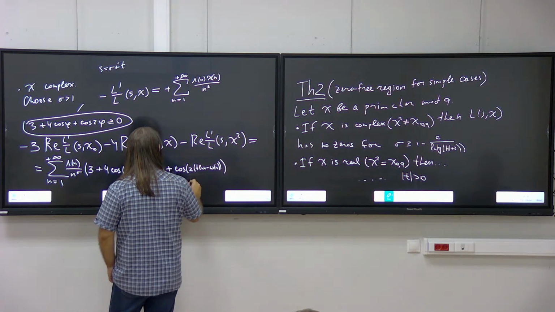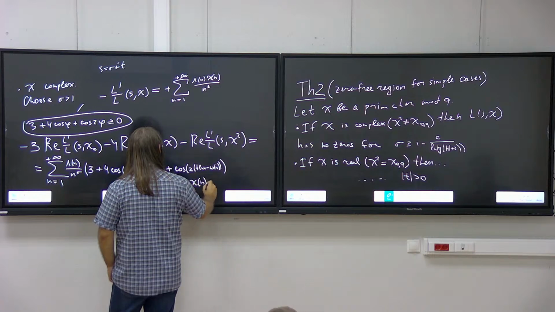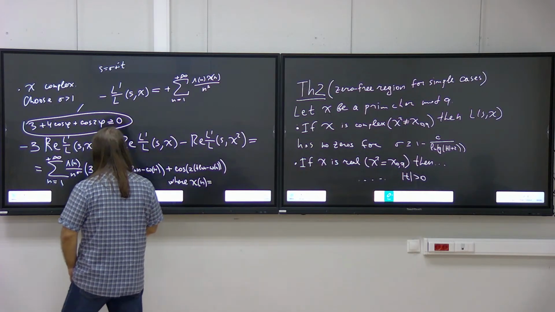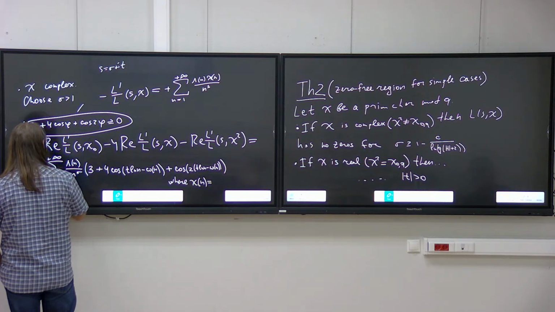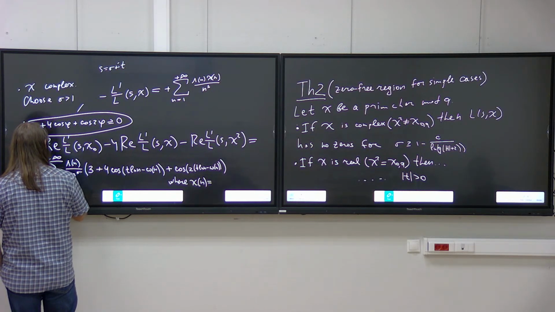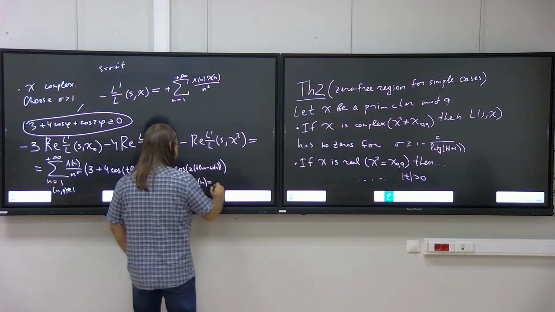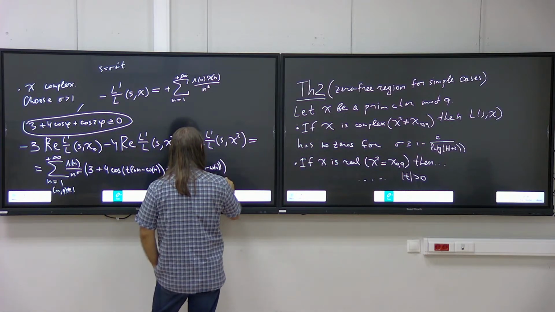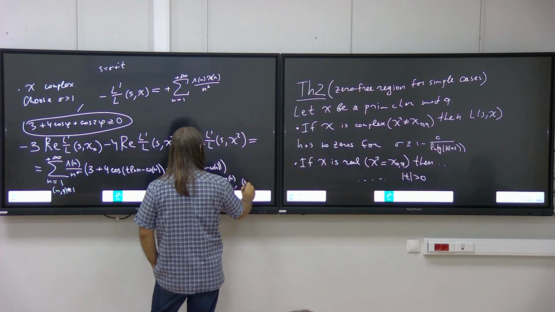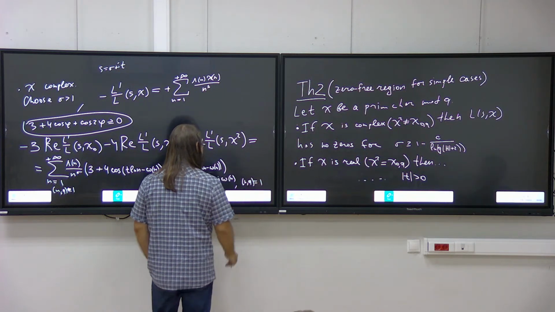where you need to require n and q to be co-prime, of course, where chi of n is equal to e to the power i omega of n if n and q are co-prime.